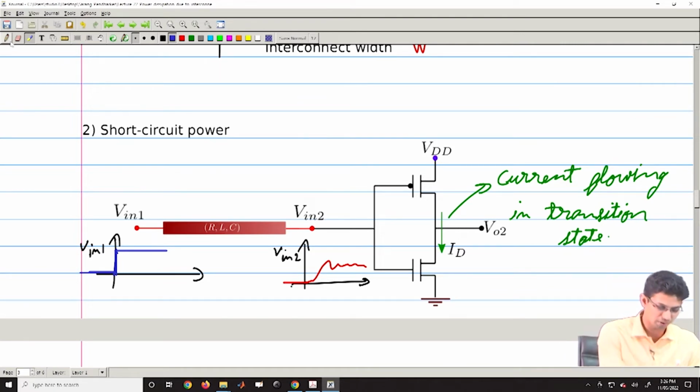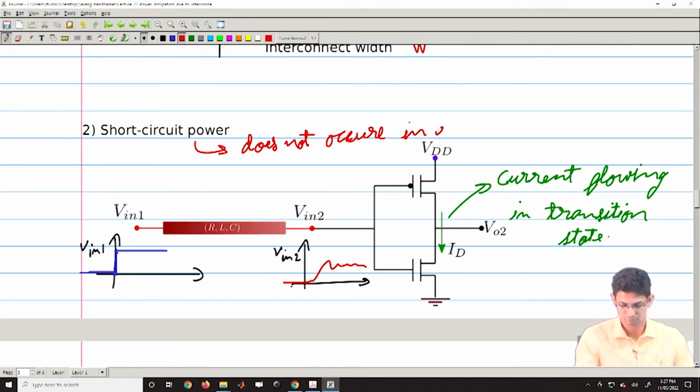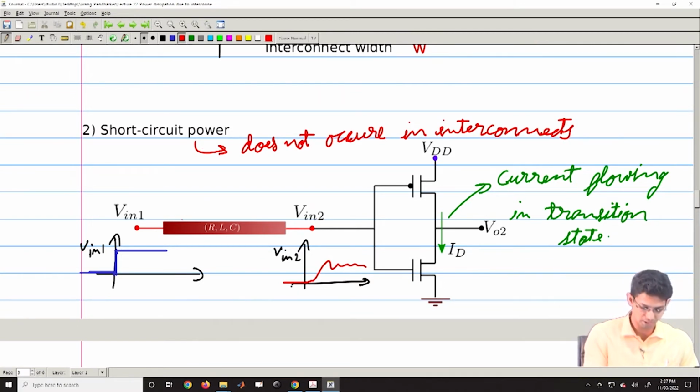So, this short circuit power, even though this does not occur in the interconnects, still is affected by the interconnect.